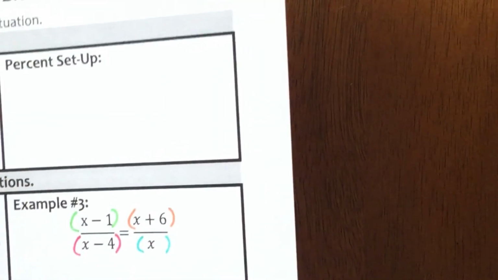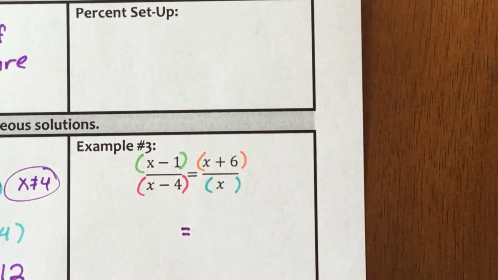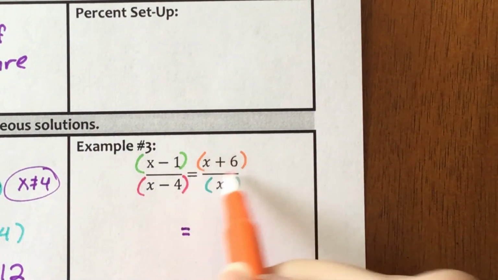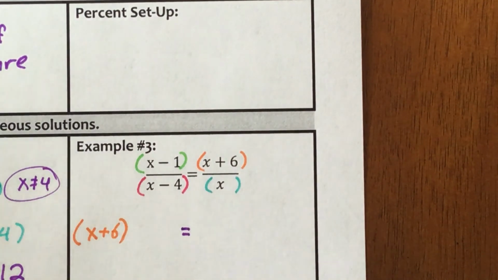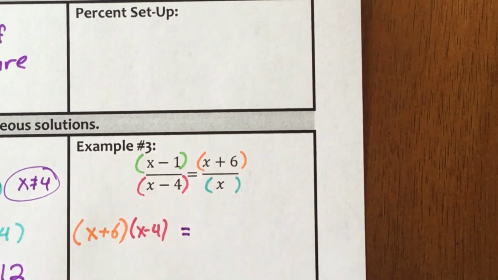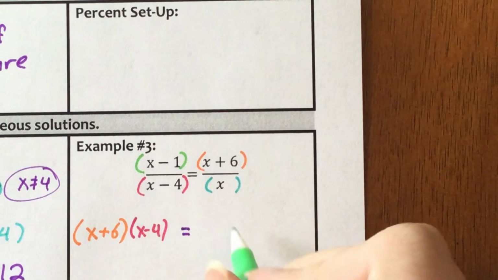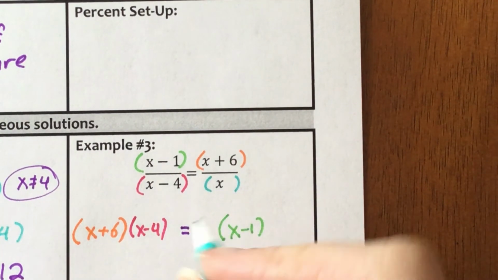Number 3. All right, I'm going to take the orange, x plus 6, multiplied times pink, x minus 4. And then green times blue, x minus 1 times x.